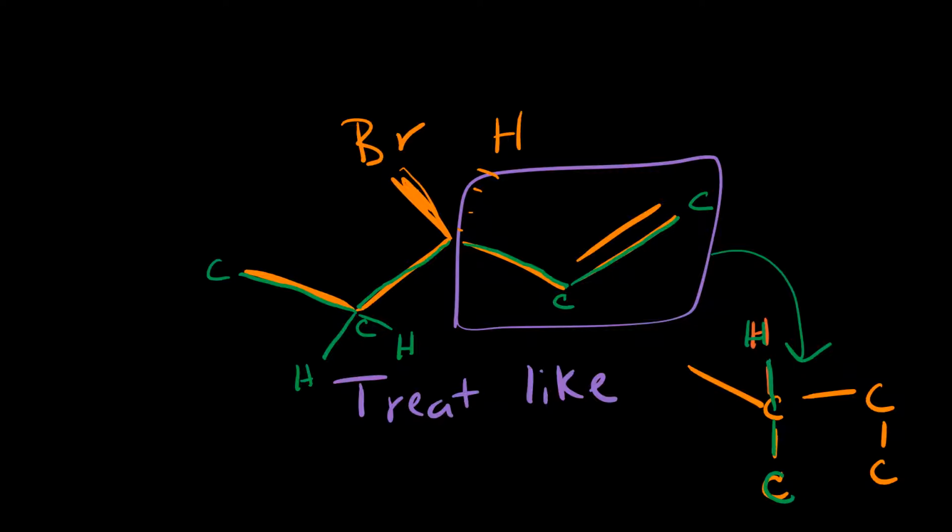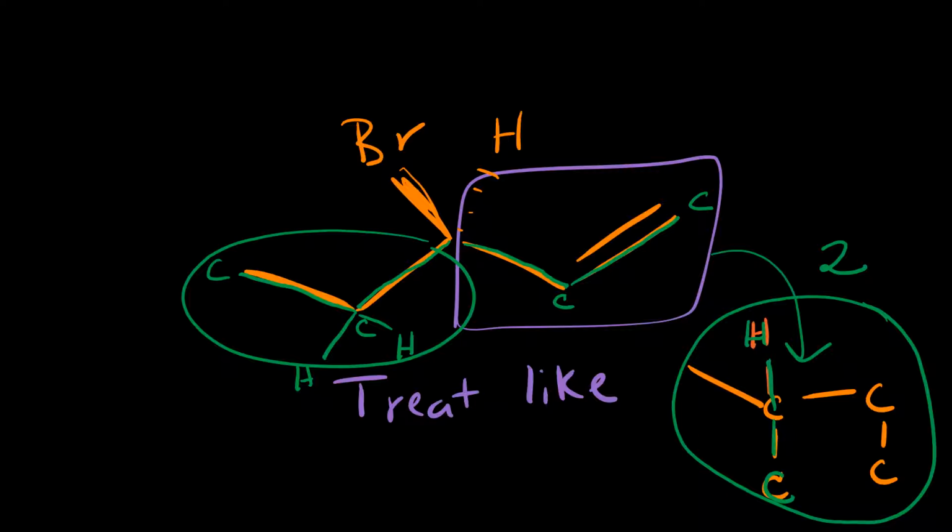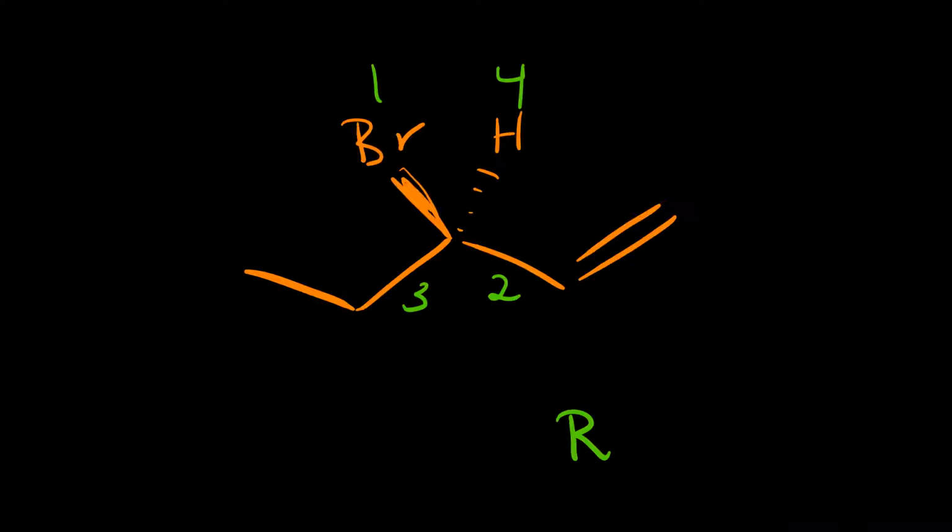When we're doing the prioritizing, we treat it this way. And so this is going to take a higher priority. We're going to give that priority 2, and this group is going to take priority 3. And so hopefully you're able to see that once you've numbered these 1, 2, 3, and 4, you are going to come up with the R configuration.